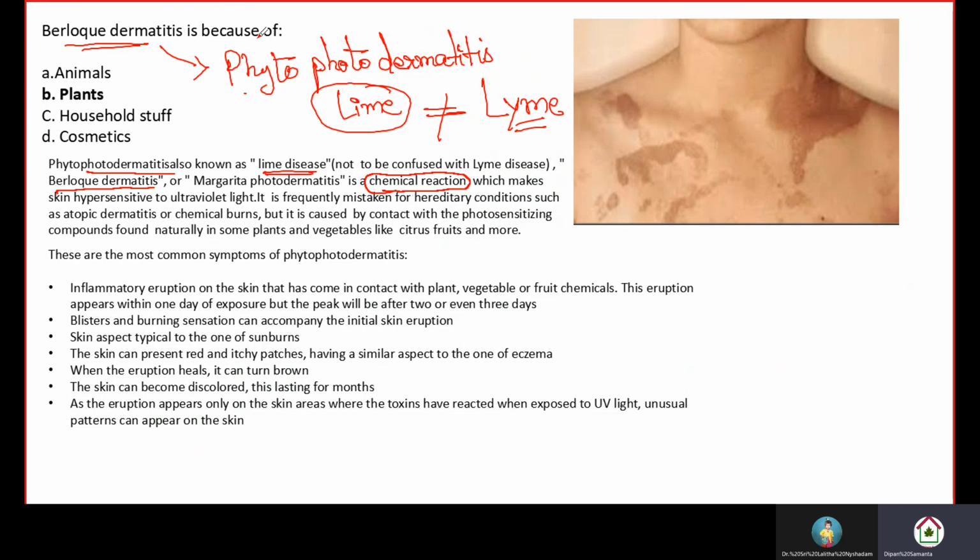That's why phyto, because it all started from the chemicals found in plants, and photo, it leads to photosensitivity, increased sensitivity to UV rays, UV light.